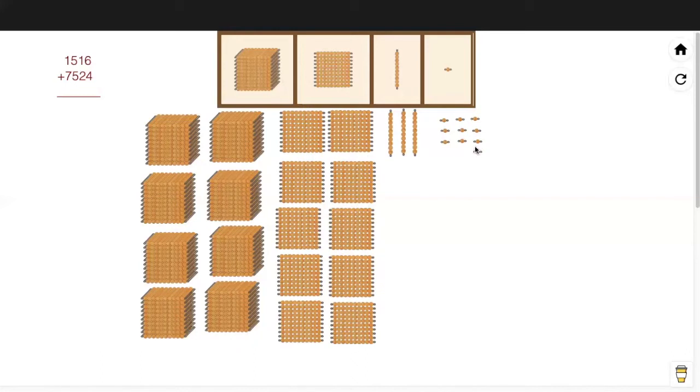Take away 10. We take the 10 away and what do we have to get out? Well, we have 10 ones. So do we have to get out a 10 bead? Yeah. So everybody, we got 10 ones. So let's put them away. We don't need them anymore. And let's get out a 1 10 bead. If you remember, 10 ones is the same as 1 10.